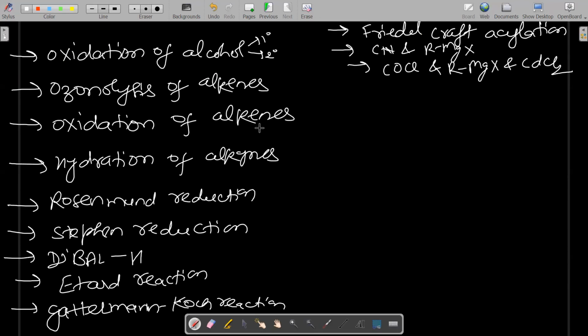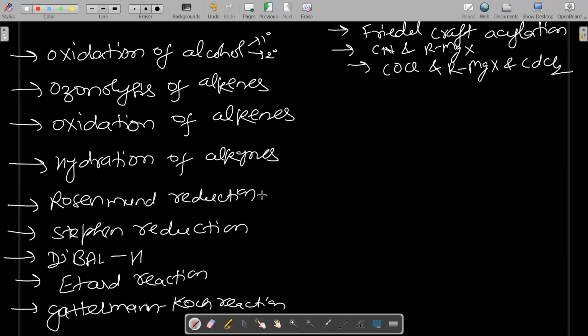Third, oxidation of alkenes using hot and concentrated alkaline KMnO4, in which the double bond cleaves to form either carboxylic acid or ketone. Next, hydration of alkynes, in which alkyne reacts with water in the presence of Hg2+ and H+ catalyst to form enol, which further tautomerizes to get keto group. Okay, that is the keto-enol tautomerism.